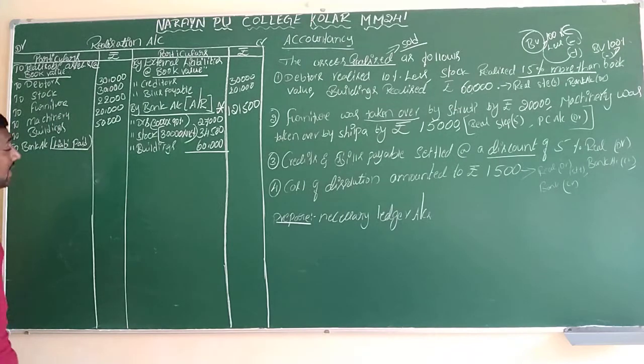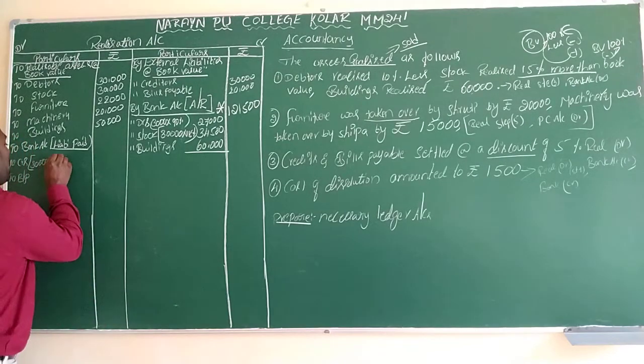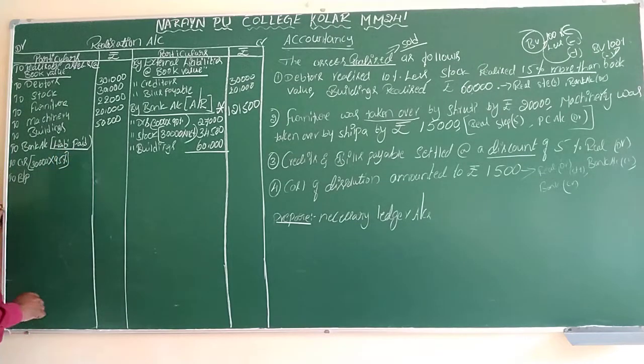So here we are settling. Settling is nothing but paying. So the 2 are creditors and bills payable. The value of creditors available in the balance sheet is 30,000 into 5% less, which means we should deduct from the 100, therefore 95%. We get one value. Again, bills payable: the value is 20,000 into 95%.